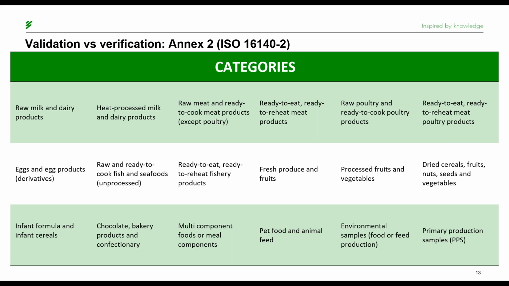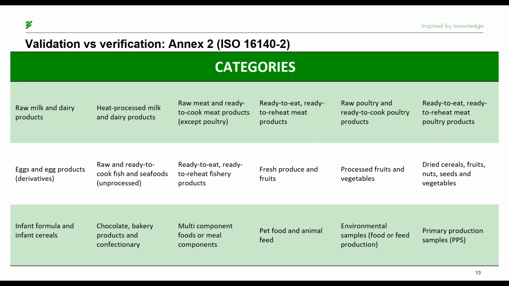So here you can find all the categories that we have been mentioning: 15, as you can see here, in the second row, and up to here in the third row, 15 categories of food for human consumption, one category for animal feed, and two categories of environmental samples.